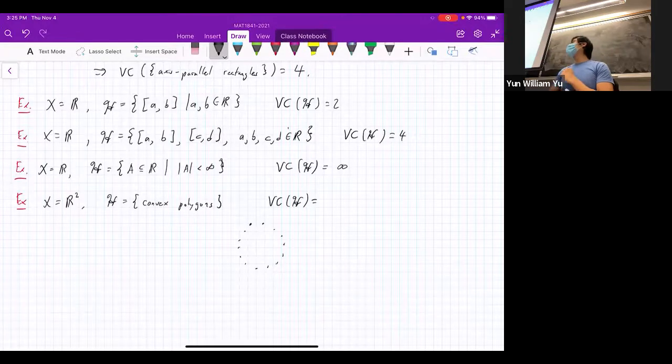It turns out that with a convex polytope, you can get any subset of the points once you arrange them in a circle. It takes a little bit of convincing, but the VC dimension of this is actually infinity.